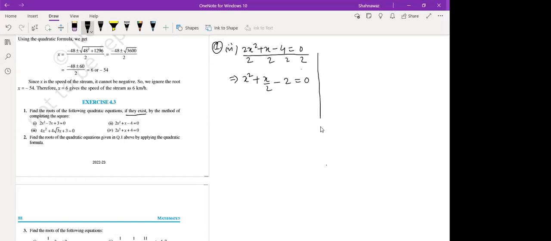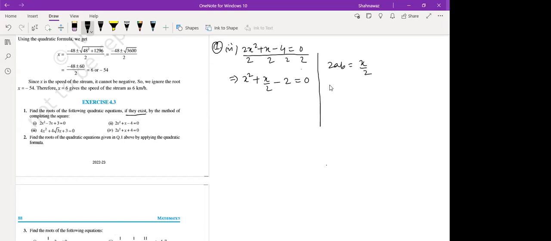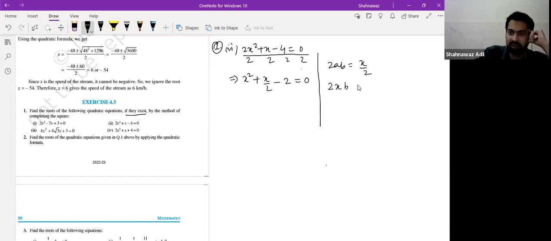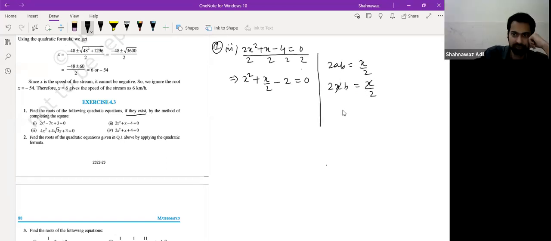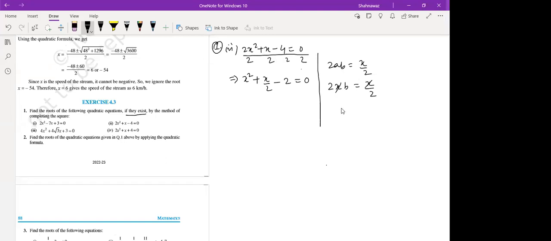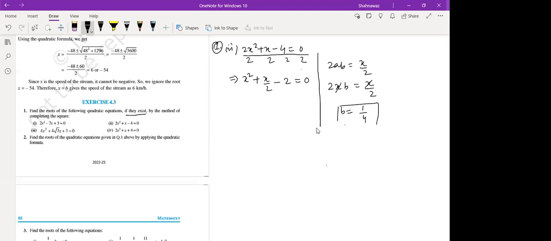So our 2ab term is how much? Well, a is x, from x square, so b would be how much? 1 by 4.